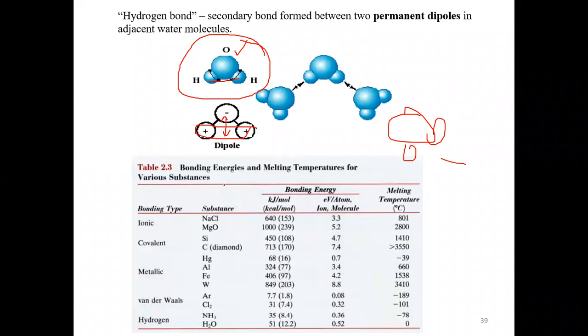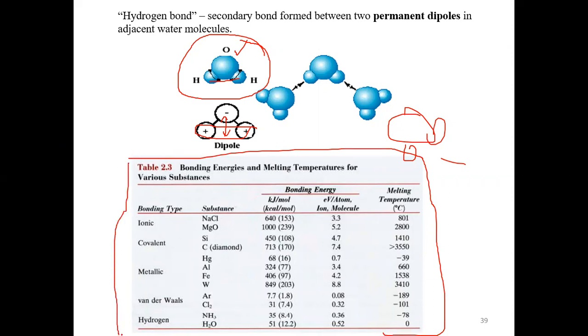And then here there is a chart about the bond energy and melting temperature of different types of solid. Solids having ionic bond, like sodium chloride and magnesium oxide. In this column, bond energy is given in SI unit, kilojoule per mole, and in this column it is electron volt per molecule.